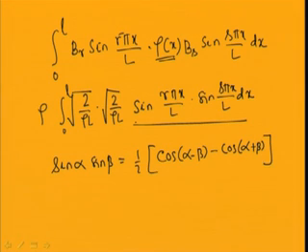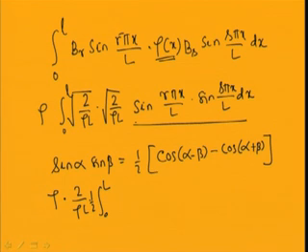If you substitute this, you get rho into 2 by rho L, integral 0 to L, and another half will come here.